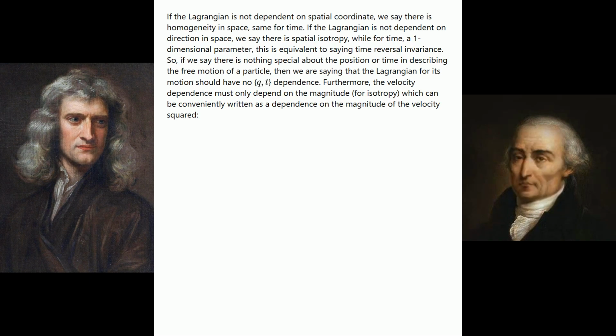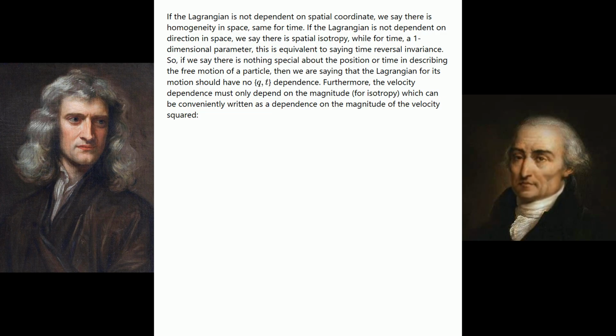If the Lagrangian is not dependent on spatial coordinate, we say there is homogeneity in space, same for time. If the Lagrangian is not dependent on direction in space, we say there is spatial isotropy, while for time, a one-dimensional parameter, this is equivalent to saying time reversal invariance.